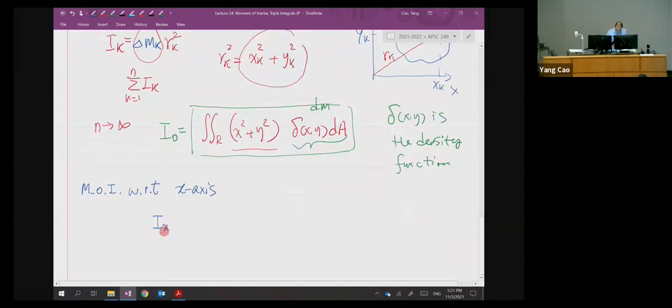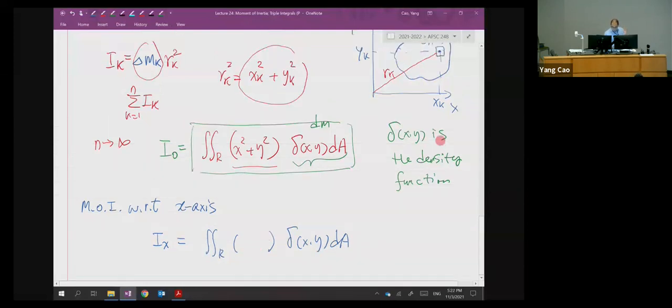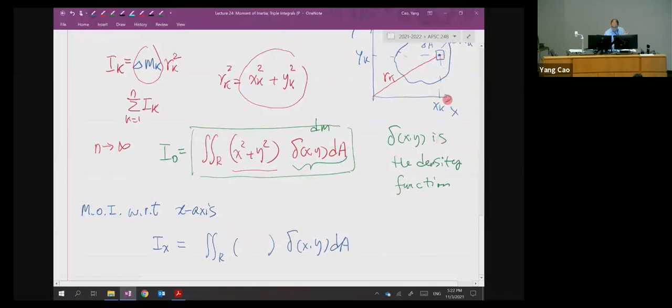So if I'm looking for the moment inertia about the x-axis, I'm not going to change anything in the dm. So the only thing I'm changing here, this quantity here, will be the distance squared. Right? So this is distance squared, and distance is from anywhere on the thin plate to the x-axis. So this portion here must be this y, right? So here you need to insert a y square.